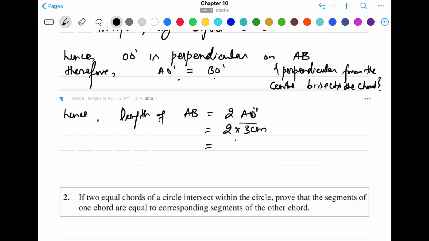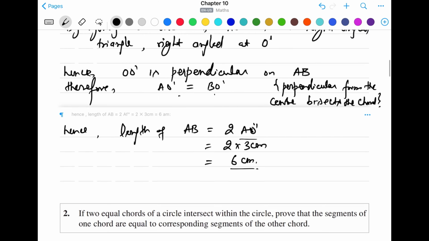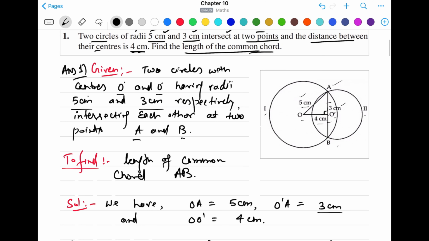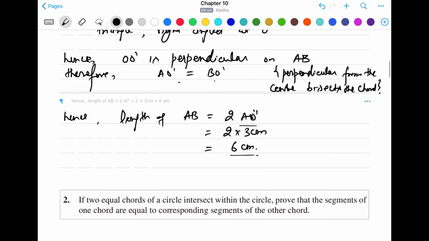This implies that AB equals 6 centimeter. So that's the answer for question number 1. We had to find the length of this common chord AB, and that turned out to be 6 centimeter.